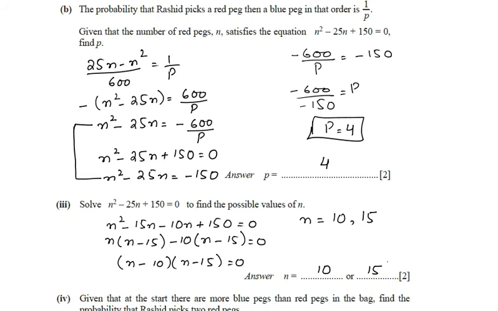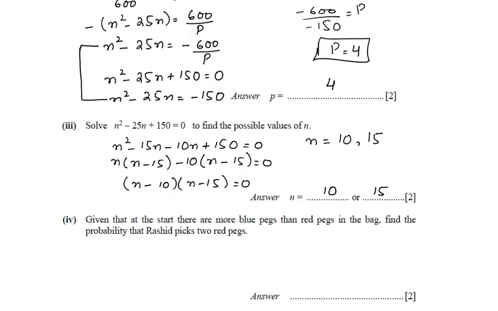Now what are they saying in the last part? In the last part they are saying, given that at the start there are more blue bags than red bags in the bag, find the probability that Rashid picks 2 red bags. So when we got two values of n, one is 10 and the other one is 15.